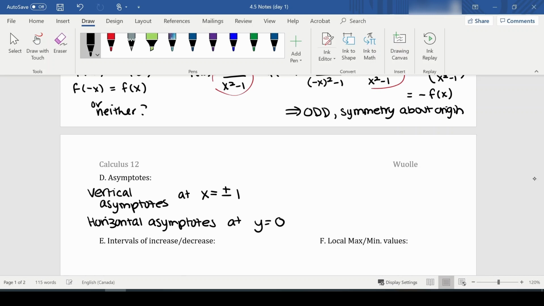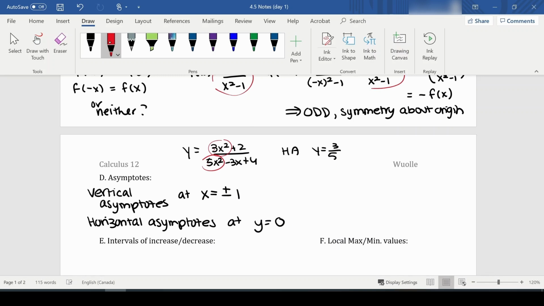So for example, if I have something like y equals 3x squared plus 2 over 5x squared minus 3x plus 4, a horizontal asymptote would be at y equals 3 over 5, because the highest power on both is an x squared. Our degrees are equal, and the ratio of the coefficients is 3 over 5.